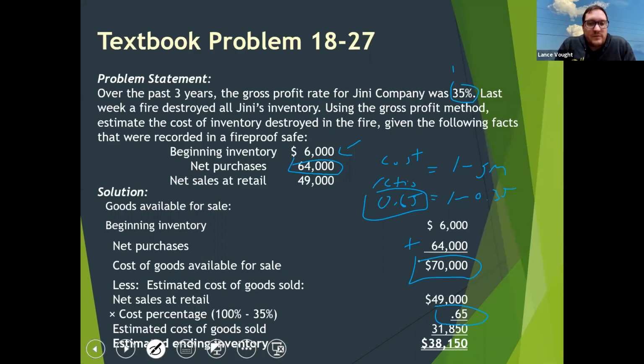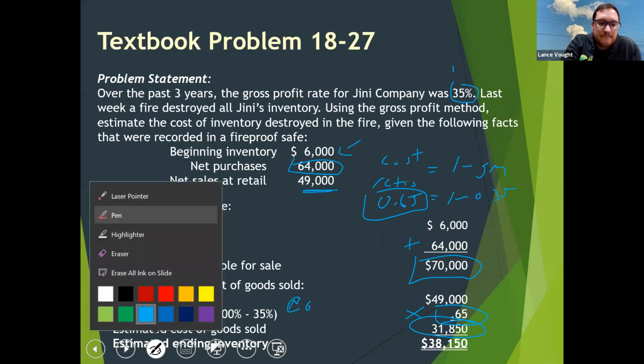Then if we take the net sales at retail, which is $49,000, and multiply that times the cost ratio, 49,000 times 0.65, it gives us the estimated cost of goods sold at $31,850. We then take the cost of goods available and subtract the cost of goods sold from it.